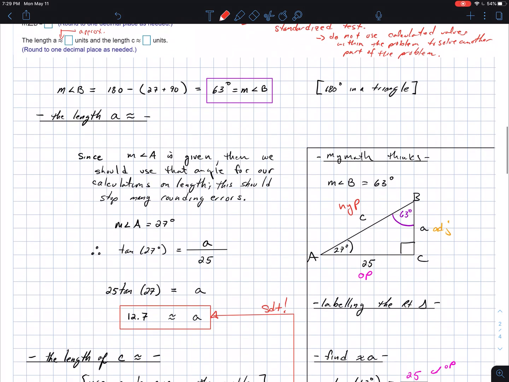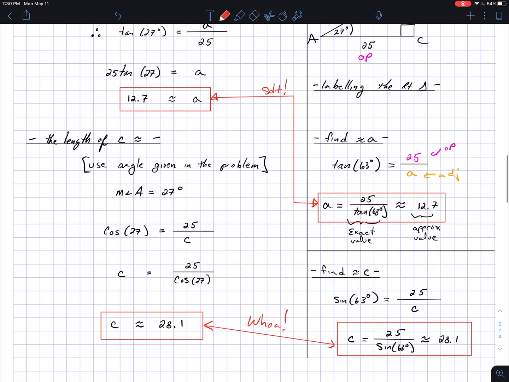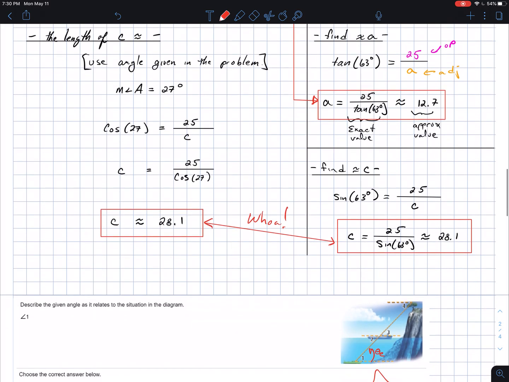But my advice would be this method on any standard examination; do not use a calculated value as the one we did over here. You will note that because we're rounding to such a small place, like the tenths, we can get away with a little bit of fudge, like 28.1.